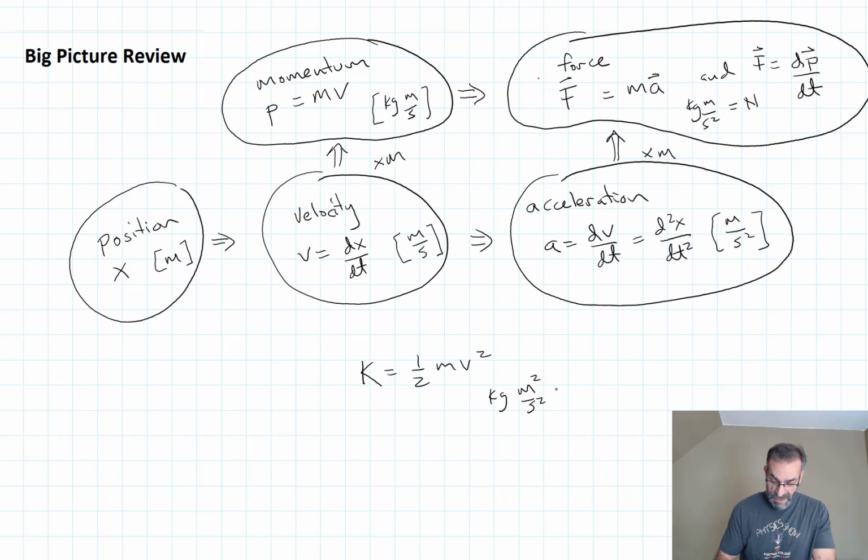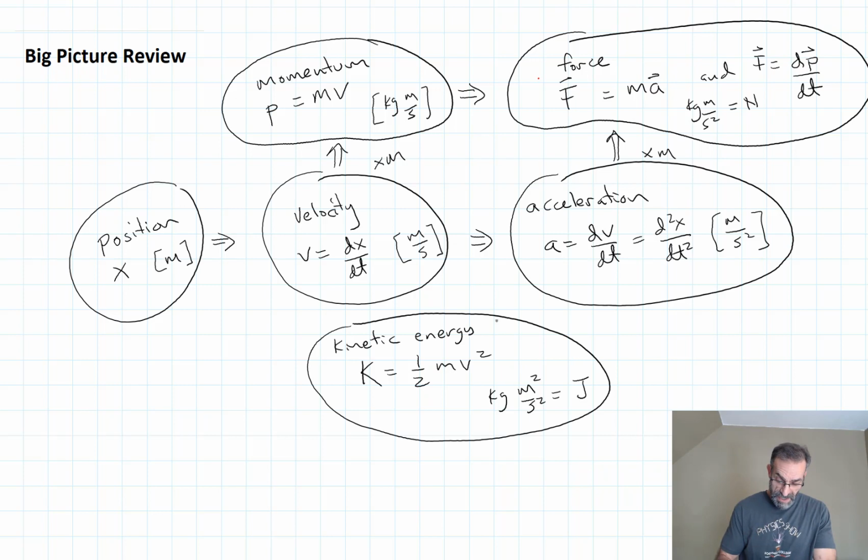And we've said we get tired of writing that all the time, so we use a capital J for joule. There's our kinetic energy. We know there's a velocity term in our kinetic energy formula. So it's linked to velocity.